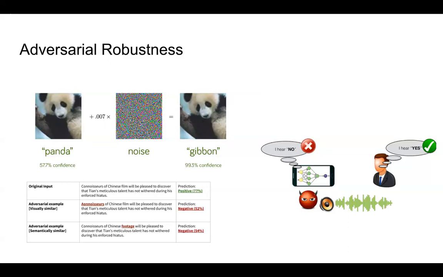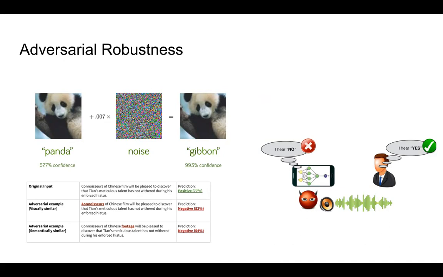So the adversarial example in text says that you can either make the text visually similar to the original text, or you can make it semantically similar. That is, changing the word connoisseur to annoisseur will make this sentiment negative by the sentiment analyzer.